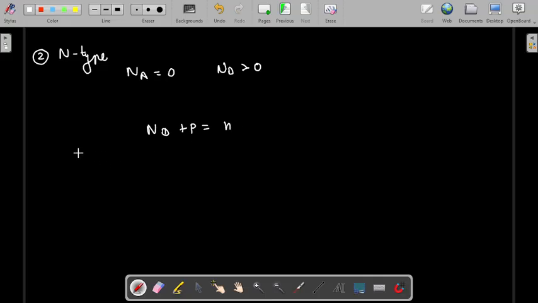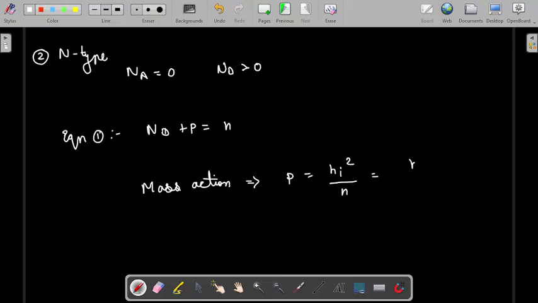So this is what we are getting. From the mass action law, we can derive the equation that P is equal to ni square divided by n. Where we need to apply this: ni square divided by Nd plus P.